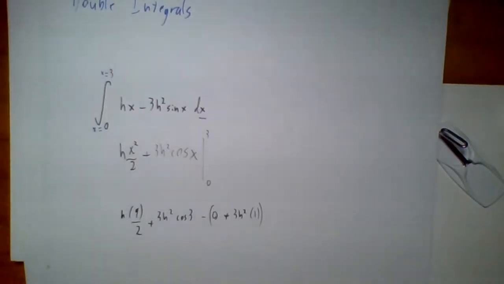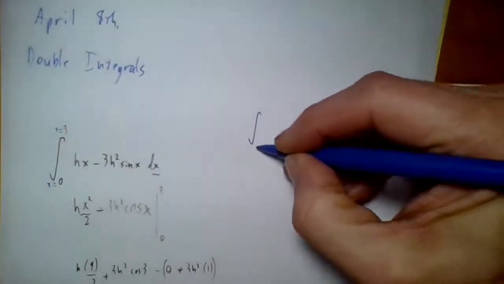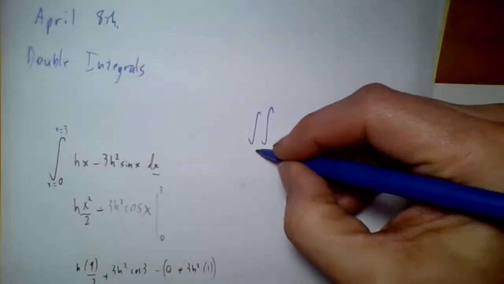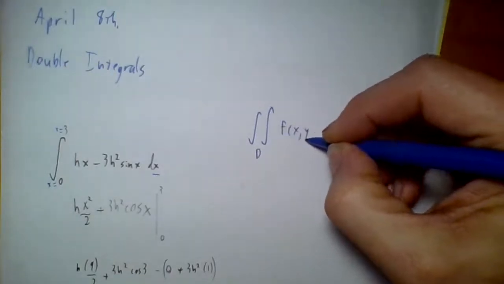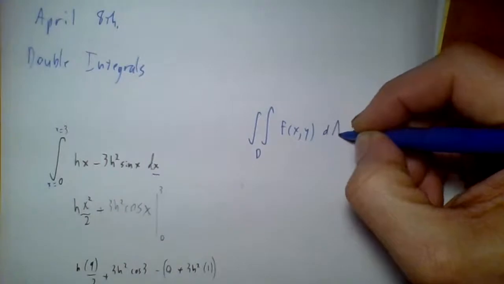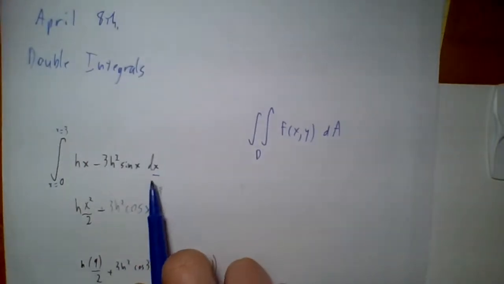So you'll see this strange looking notation. Strange until you get used to it. There's a couple integrals, some kind of letter down here, some kind of function of two variables in here, and it might start off with the dA sitting right there, capital A, for area. Now, our old integration, this was the variable that we were looking at.